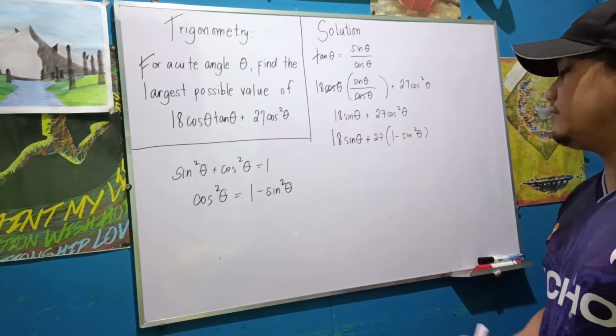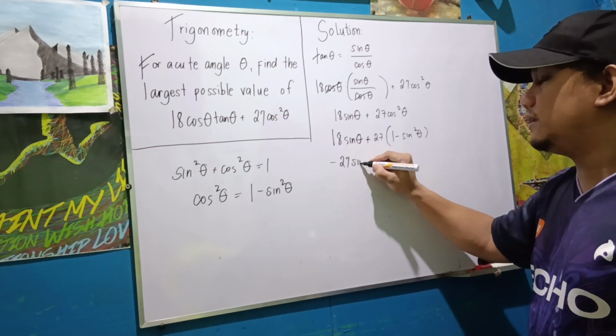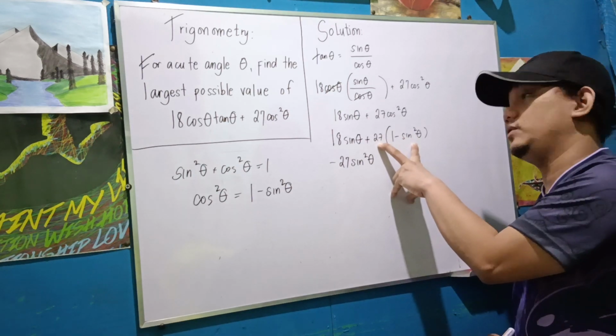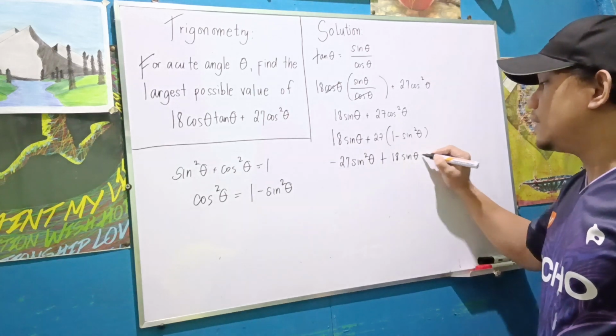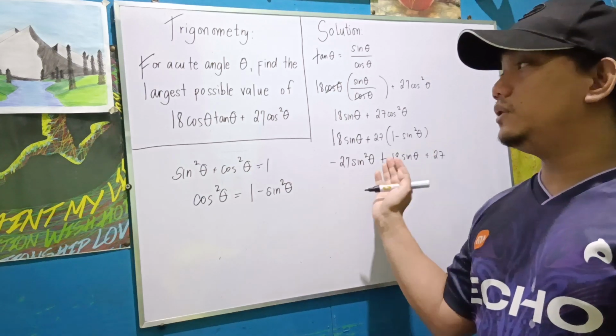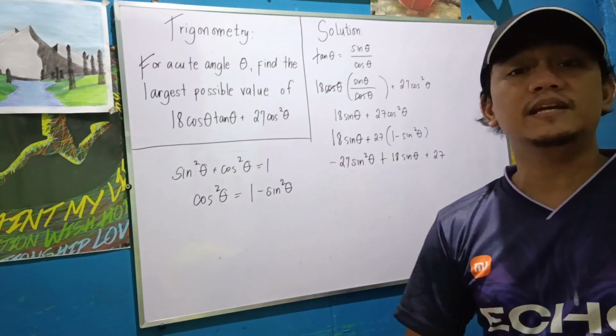So if we simplify and arrange in descending powers, we have negative 27 sine squared theta, in which this is what we distribute here, plus 18 sine of theta plus 27. So how do we find now, Sir IJ, the largest possible value of this simplified expression?